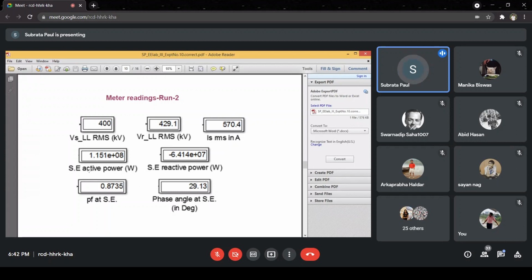Sending end active power is again less than the previous case. 300 megawatt is the load. The sending end is delivering, you see, 345 megawatt if you multiply it by 3.